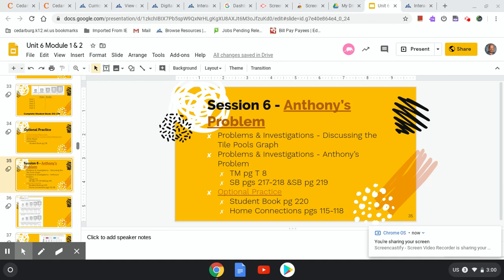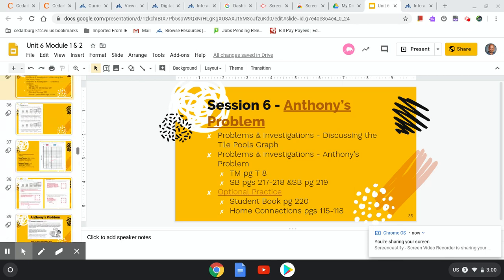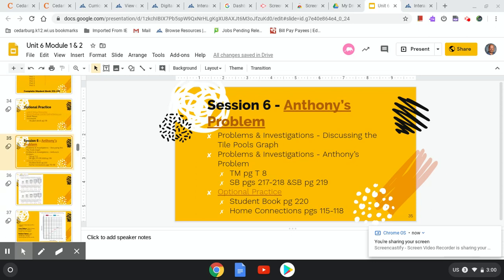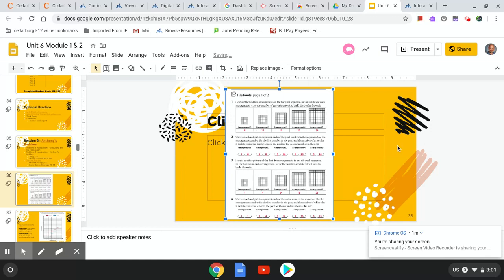All right, so let's go ahead and look at your tile pool graph. When you finished that graph, you hopefully found that, I'll move that over to the center. That looks a little bit better.